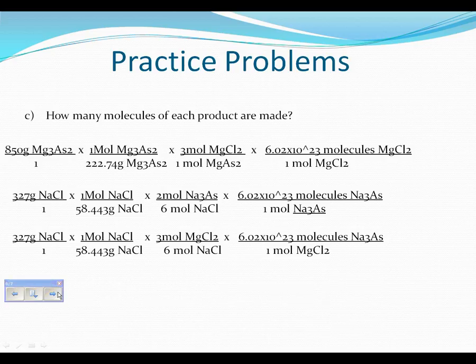Our answers for these come out to be 6.9 times 10 to the 23rd molecules of MgCl2, and the other one we get 1.12 times 10 to the 24th molecules of Na3As.